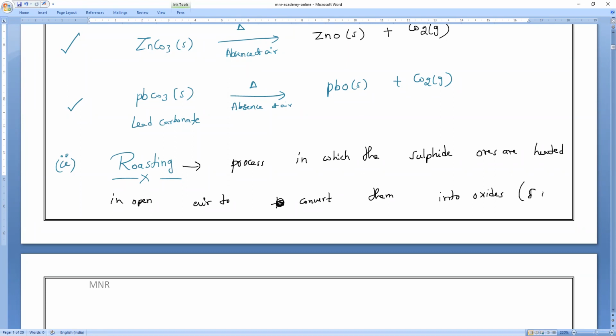Remember, sulfur is removed as SO2, or we can say SO2.